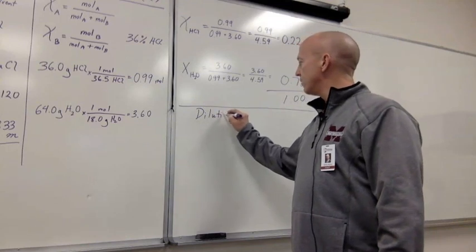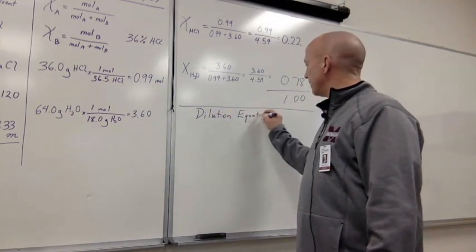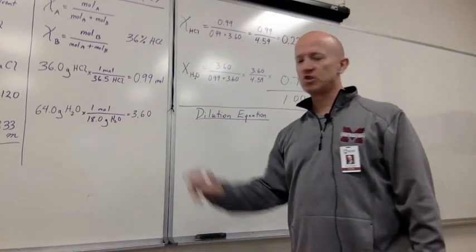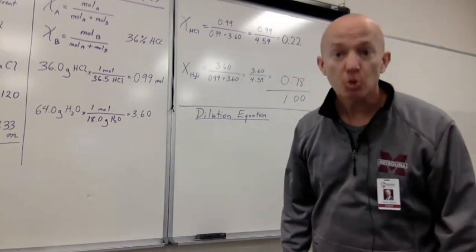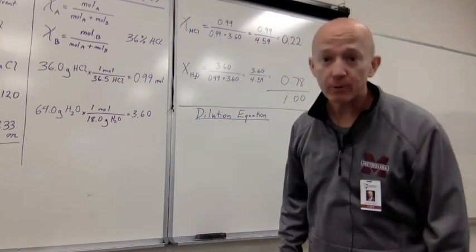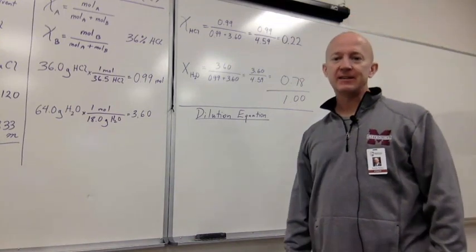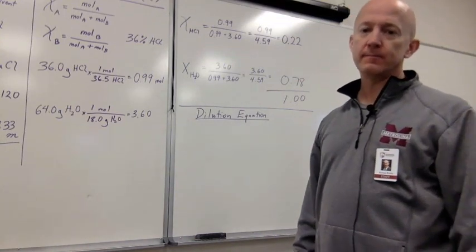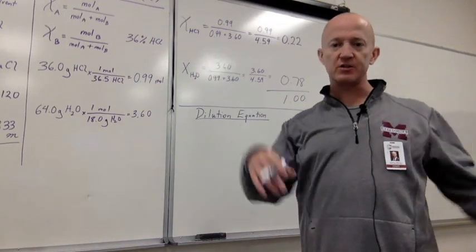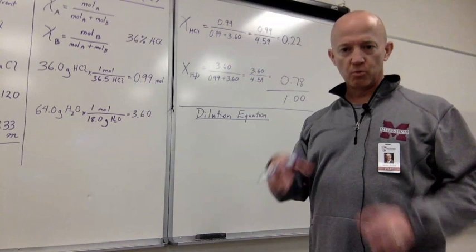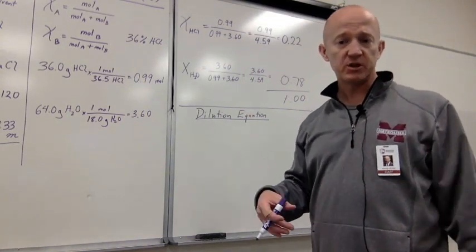If I had, say, a jar of concentrated hydrochloric acid, and I didn't want to have a bunch of different concentrations, I just wanted one concentrated jar and then make it as I go along. Seems reasonable, right?